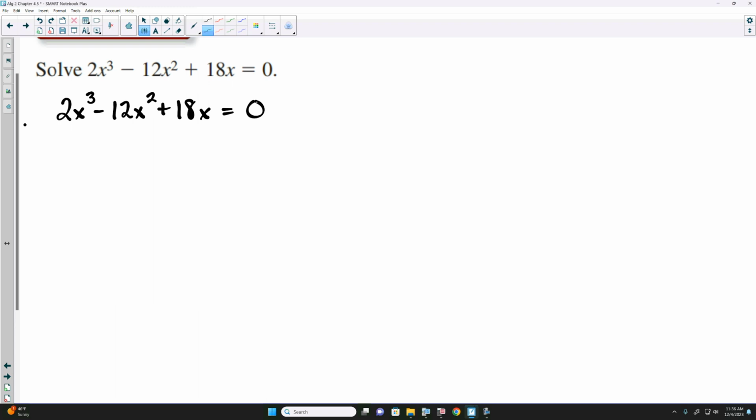Whenever we multiply 2 or more things together that equal 0, one of them must be 0. When we're solving by factoring, the first thing we need to do is see if there's a greatest common factor. And if there is, we need to factor it out.